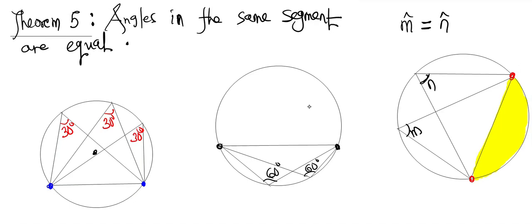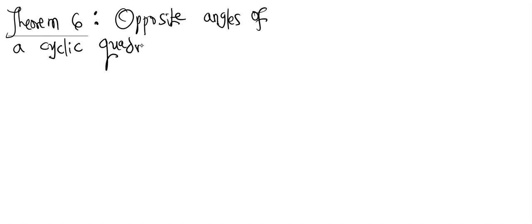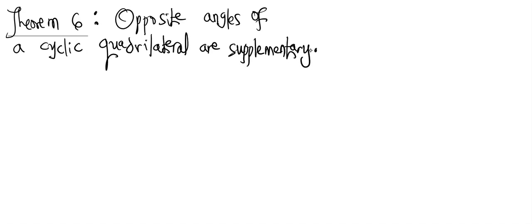Let us proceed to theorem 6. Theorem 6 says that opposite angles of a cyclic quadrilateral are supplementary.